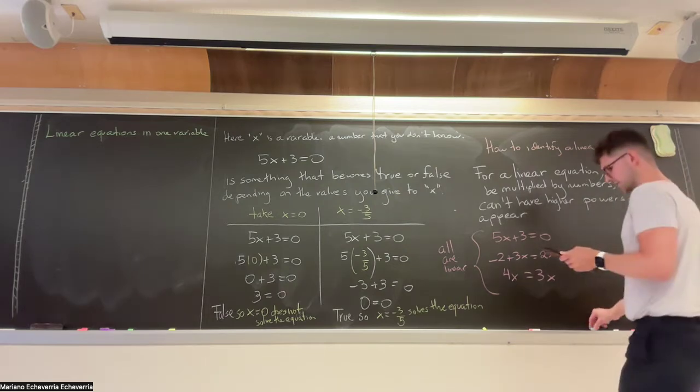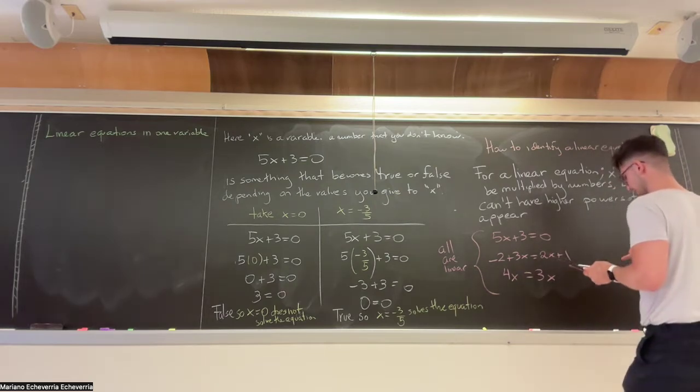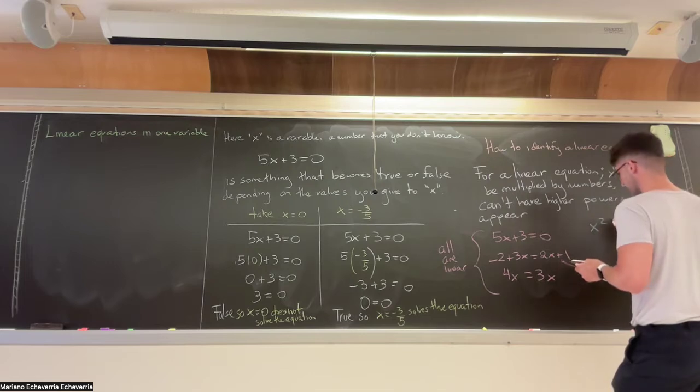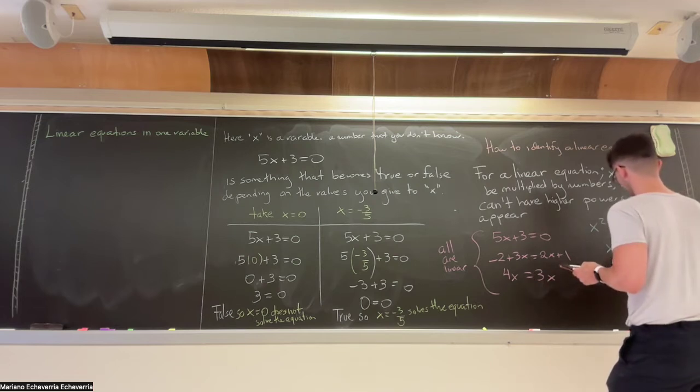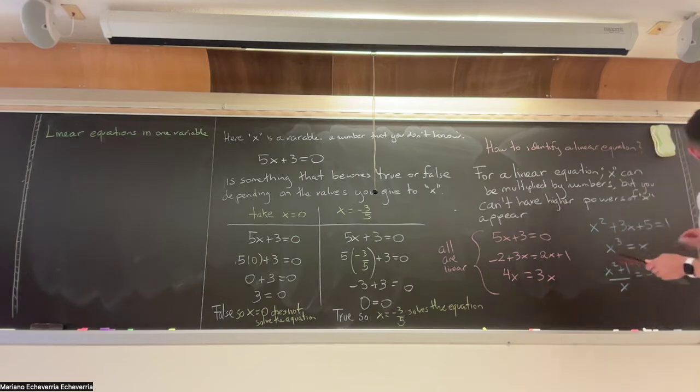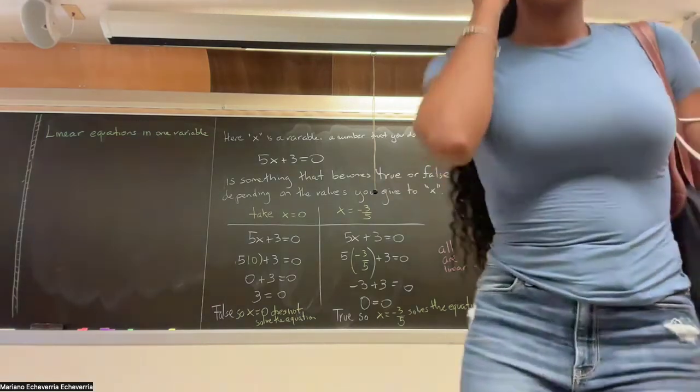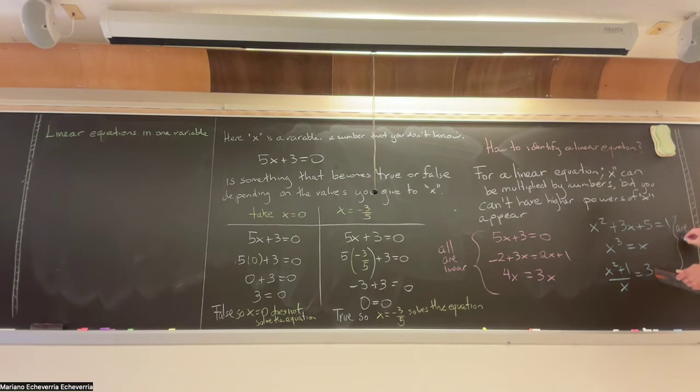But if you have things like this, let's give you a bad list. These are not linear.